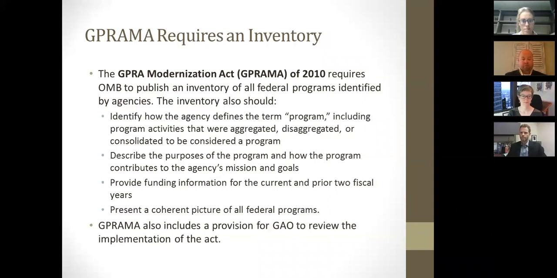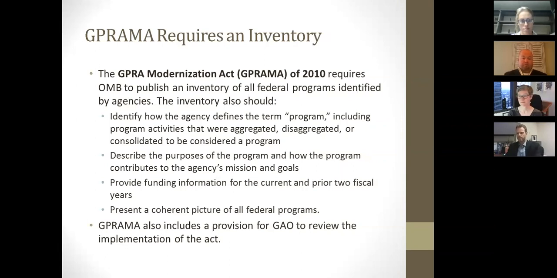OMB is the Office of Management and Budget. They're the executive branch agency that sits over all of the executive branch agencies, provides guidance, initiatives and priorities for agencies, as well as helping develop the budget requests for those agencies each year that Congress reviews in their appropriations decisions.